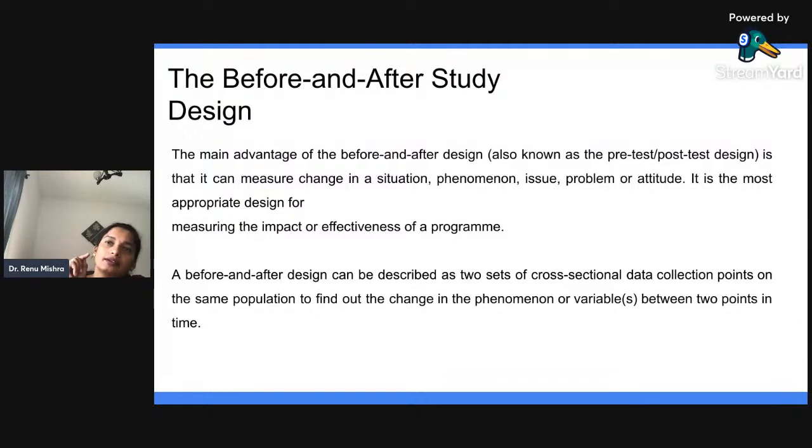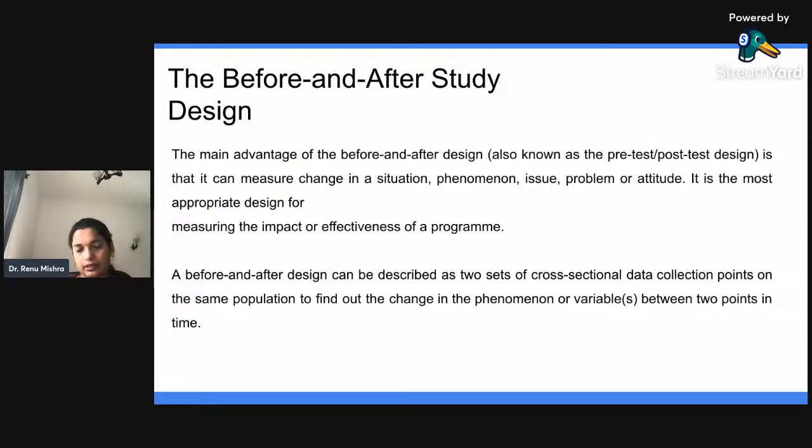However, those who are using any program or intervention, let's say you have designed a program, for example anybody from biotechnology or any science background who has devised a program or study. Before the implementation of that program, they studied the nature of the population.